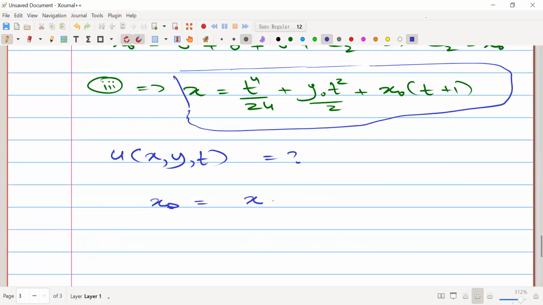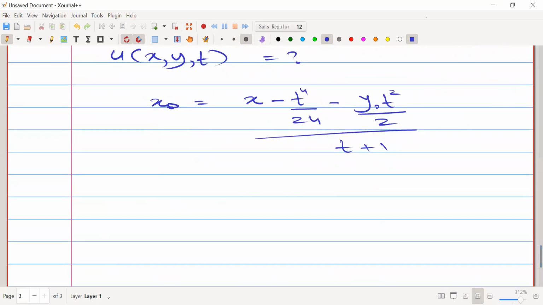That is, x naught is equal to x minus t power 4 over 24 minus y naught t squared over 2, divided by t plus 1. And again, for this y naught we need to put in the value of y naught that we already have.